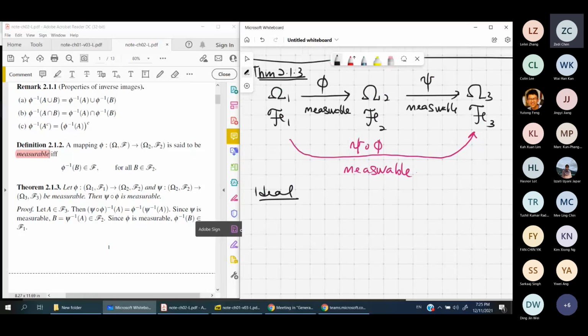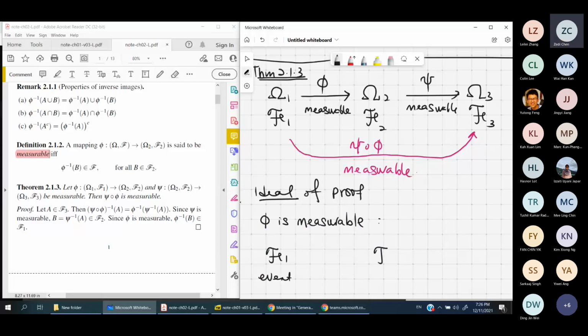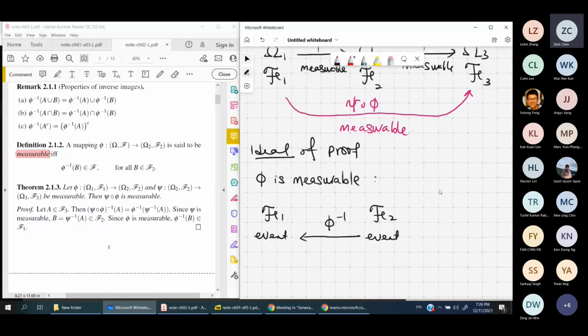So the idea of the proof, or idea of the theorem, is like that. So first of all, phi is measurable. What does it mean? If this is measurable, it means that any events in F2 will pull back to another event in F1. So this is actually the meaning of it, in the hypothesis.